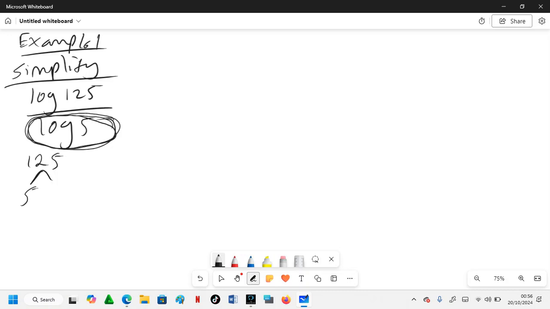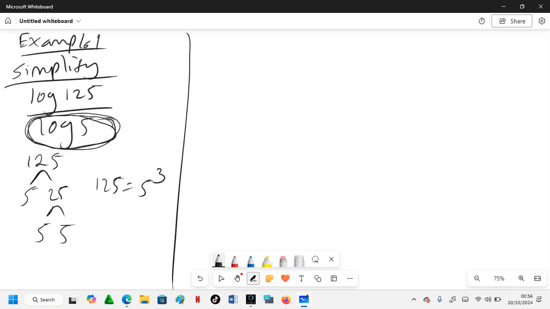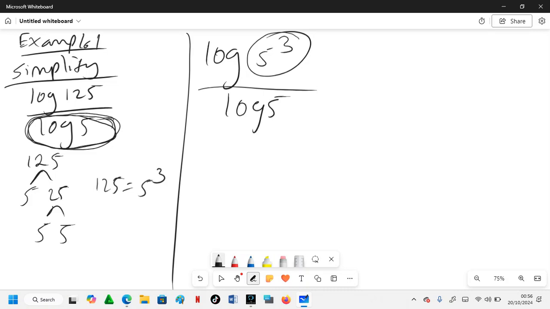It can be written in index form. So let's get the factors of 125. 5 goes there 3 times. So 125 is also 5 to power 3. So I can write it as log of 5 to power 3, which is 125, divided by log 5.